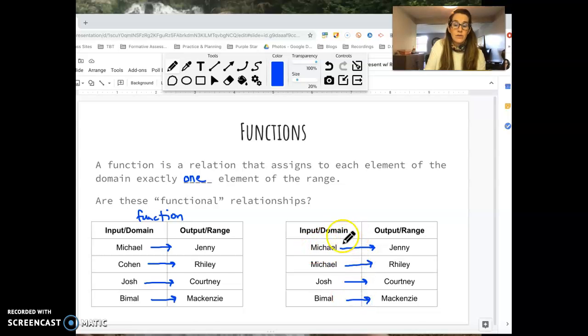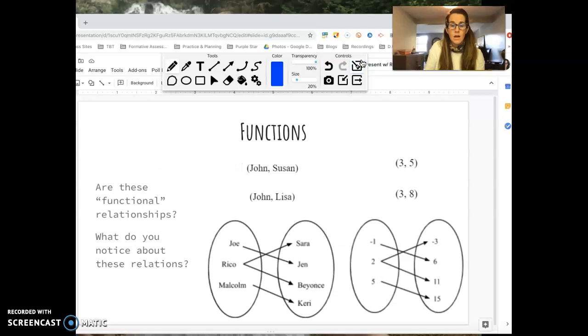Really, the fact that Michael is dating two, there's one input going to two different outputs. This would be an example that is not functional. Not a function, okay? You've got one input with two different outputs. Okay, so are these functional relationships?